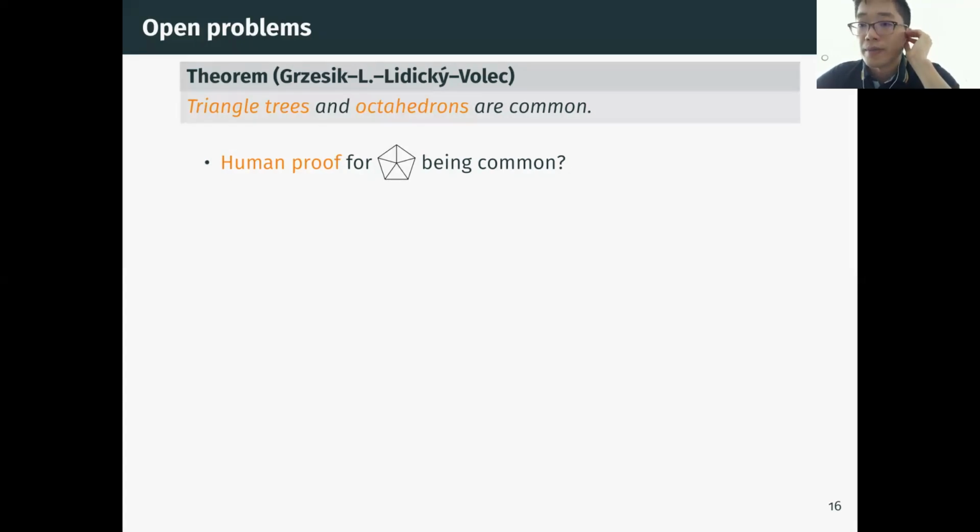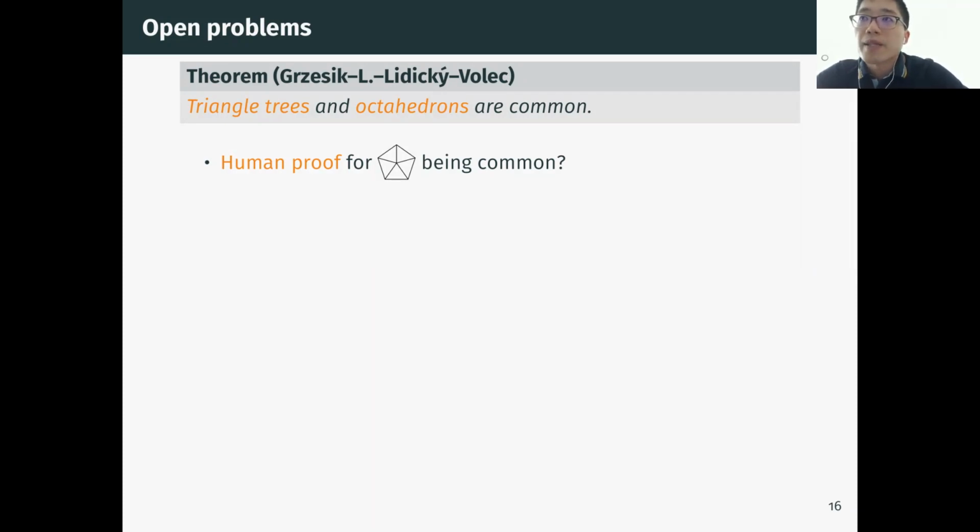But this is a hard question because this is the only common graph with chromatic number larger than 3 we know so far. And I kind of believe that it might open up a way to attack this question if we manage to find the human proof for this.